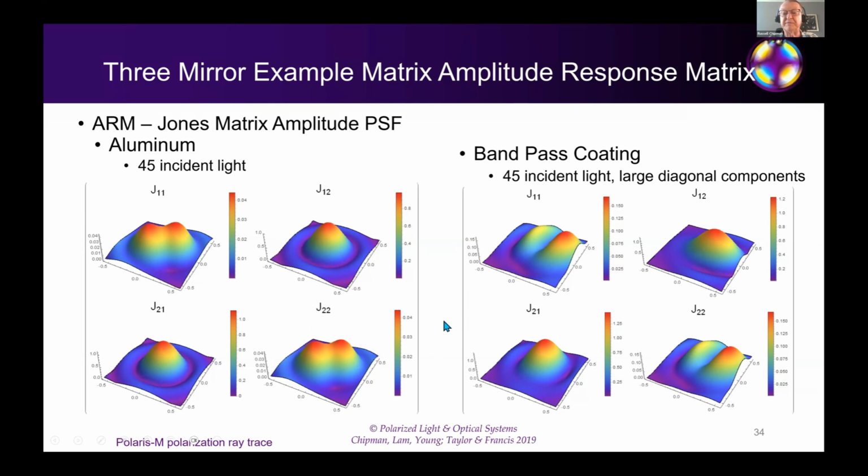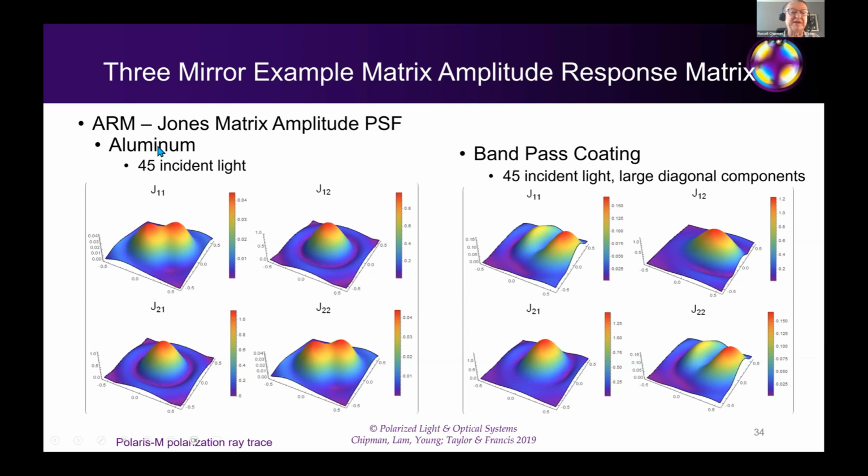But for the case of this bandpass coating, where we have the large diagonal components, now we see sort of astigmatism in different directions. These components of the point spread functions are in a different location than these. They've been shifted because there's different phase shifts between the X and the Y polarization. And there's a lot more light coupled into these other elements of the Jones matrix.